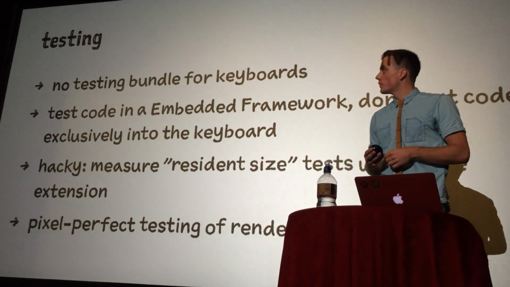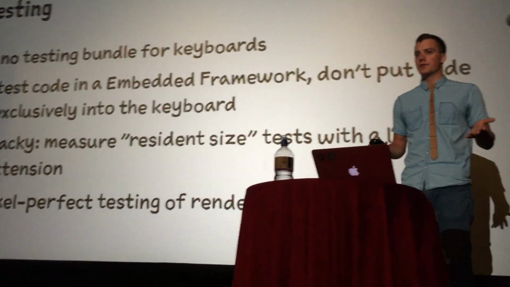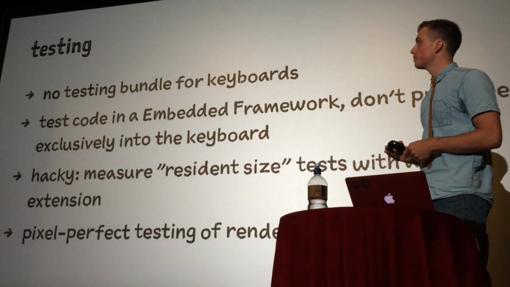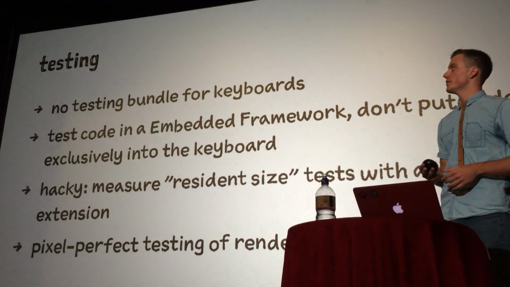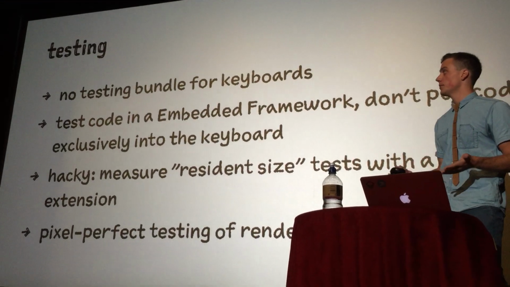And I also want to talk about testing a bit, because as with all apps, when you build something and it's working, you want to make sure that it keeps working. It's a bit tricky, as usual, with keyboards or extensions. There's no testing bundle that you could create in Xcode for custom keyboards.